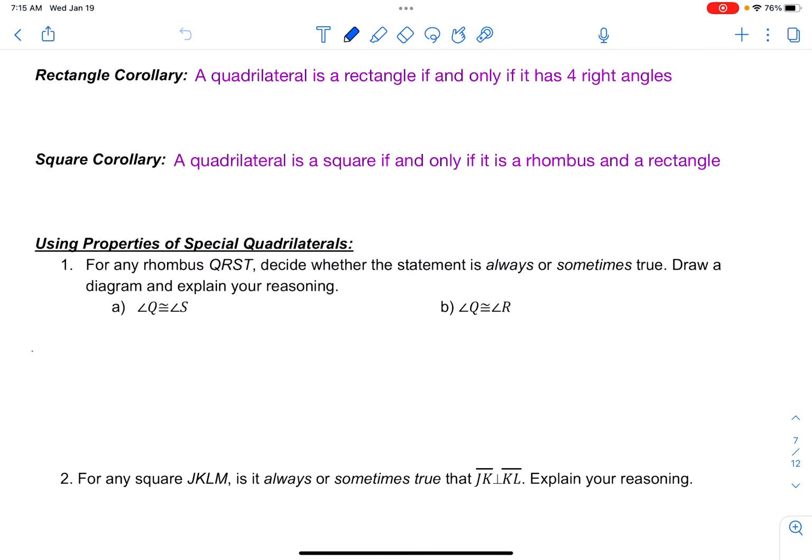So let's see. Let's make a shape. It's not going to be the prettiest shape, but we will make a shape. Okay, so this is QRST. And they are saying that angle Q is congruent to angle S. So we have to decide if that statement is always true or sometimes true when it comes to rhombuses. Well, we know that a rhombus is a parallelogram.